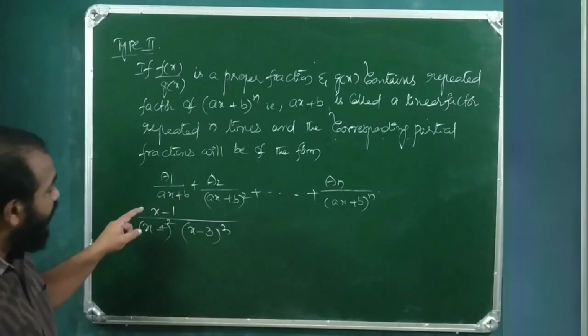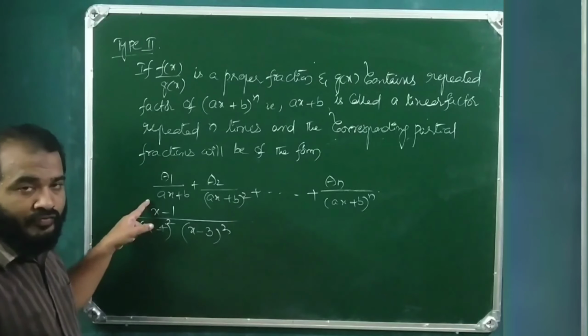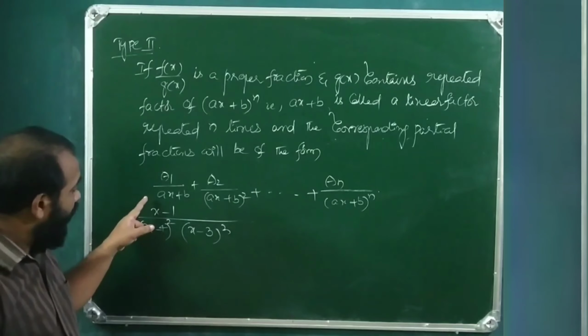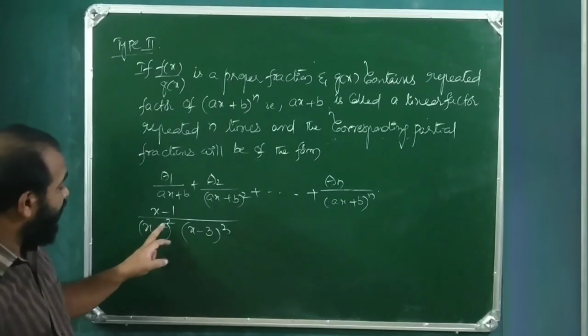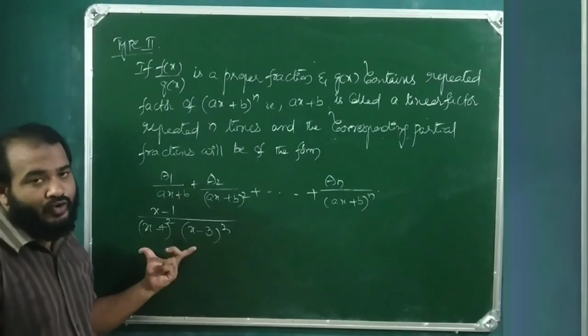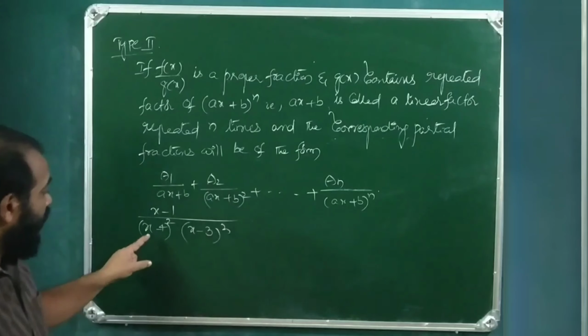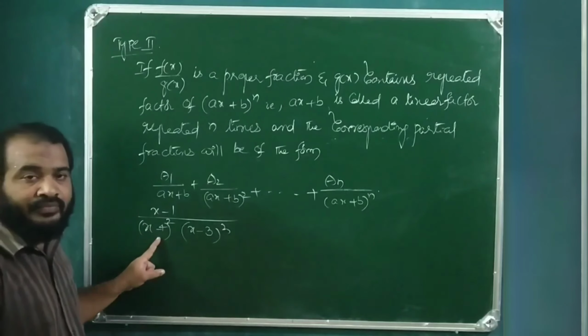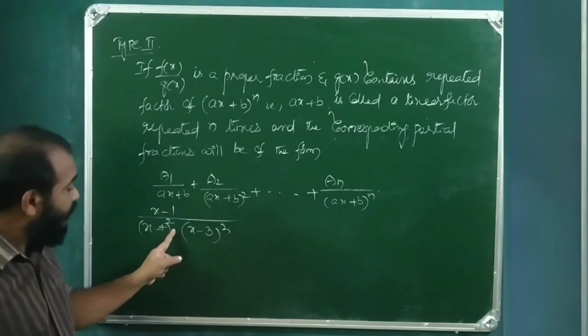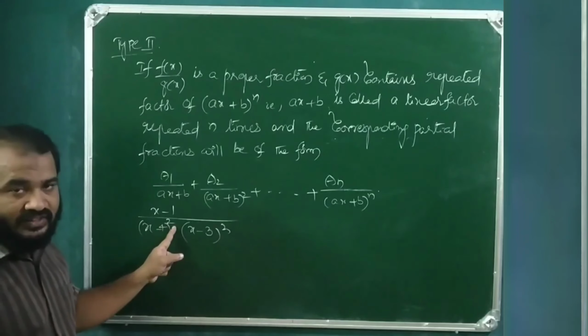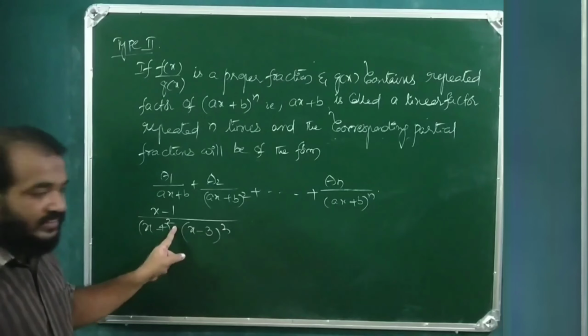This is clearly a proper fraction, with numerator of degree 1 and denominator of degree x square, x cube, x power 5 all together. Here x minus 4 is a repeated linear factor, repeated twice. Since it is repeated twice, there will be two constants.